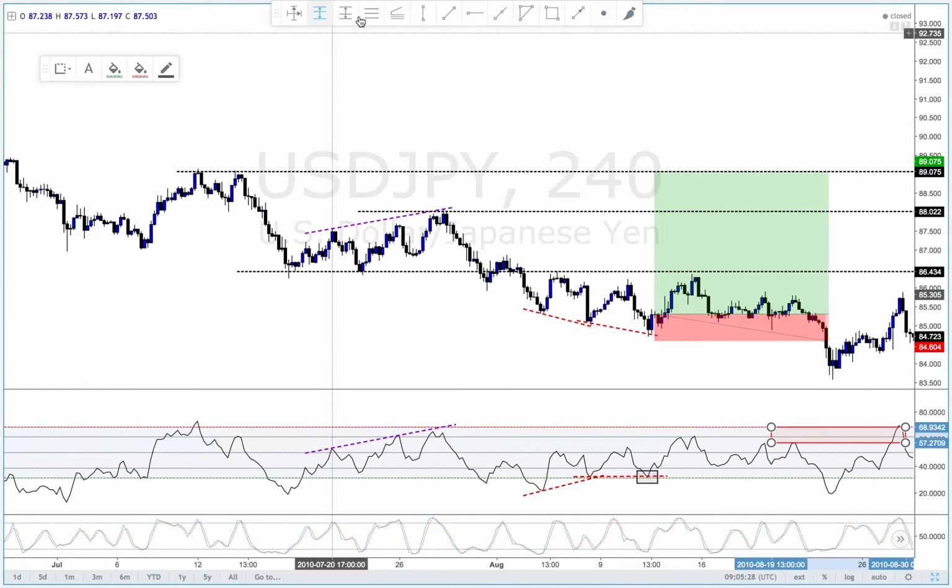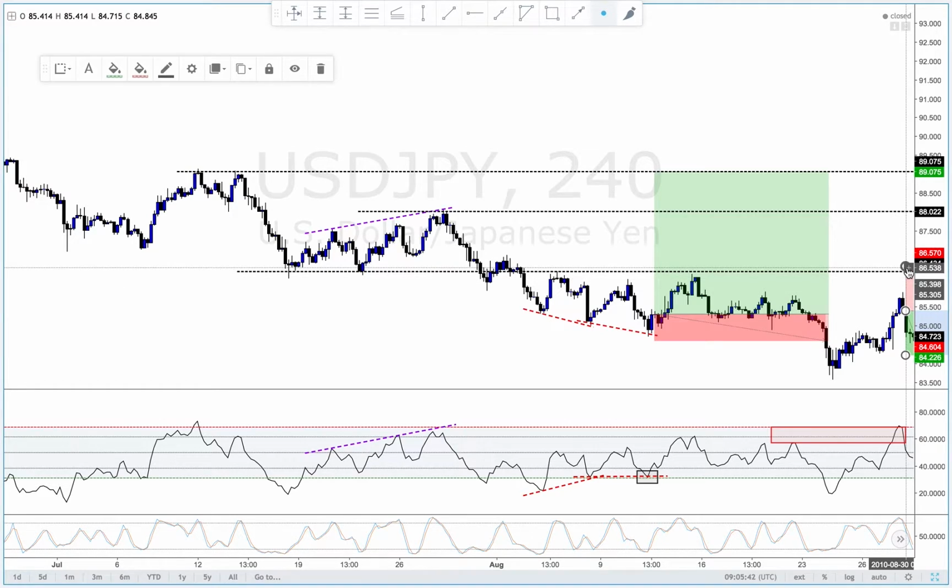Okay, now I put my short position in. Here's the peak, here's the turn down. Enter next candle. Stop 10 pips, 85,880, 85,9.